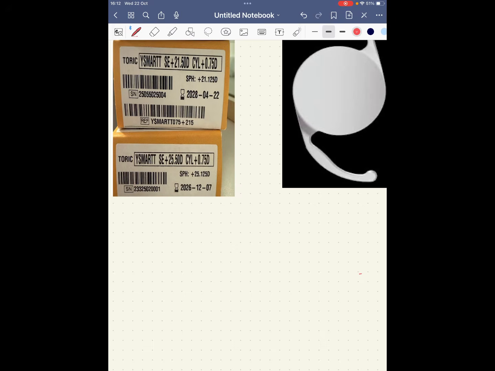In the second example, we have 21.50 as the spherical equivalent. The cylinder is 0.75. Well, the sphere power will be the spherical equivalent minus half of the cylinder, right? It's the same equation. I just wrote it in a different way because you are trying to find the sphere power here. So the spherical equivalent is 21.50 minus half of the cylinder, which is 0.75.